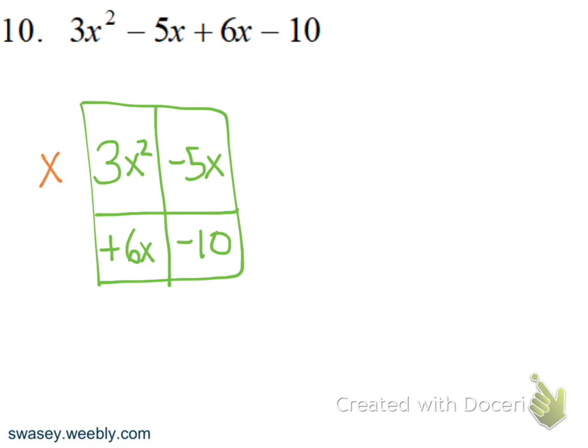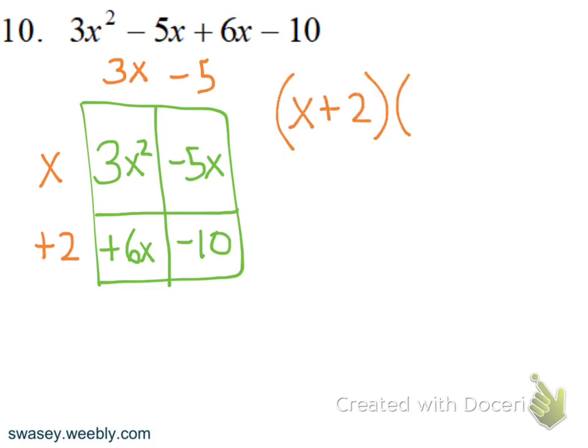Greatest common factor on the bottom row is 2. 3x squared divided by x gives us 3x. 6x divided by 2 is 3x, or you can check it with multiplication. 3x times 2 is 6x. Negative 5x divided by x is negative 5. Check to make sure it works on the bottom row. Negative 5 times 2 is negative 10. So we do have the correct factors, x plus 2 and 3x minus 5.